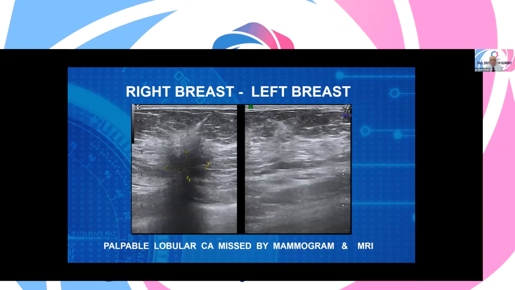So if you see the skin clearly, you're getting good imaging. On the white side, this is benign breast tissue. The lobular cancer, which is a huge black irregular area, was missed on this patient's mammogram and MRI. Next, please.